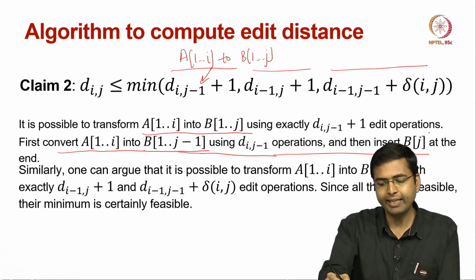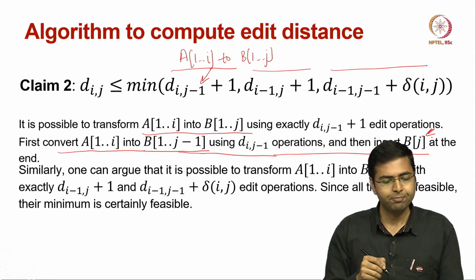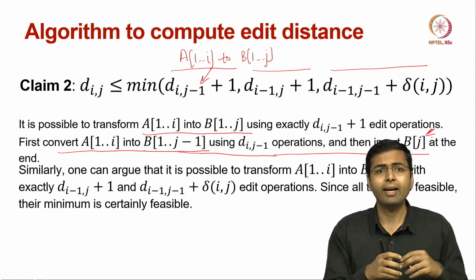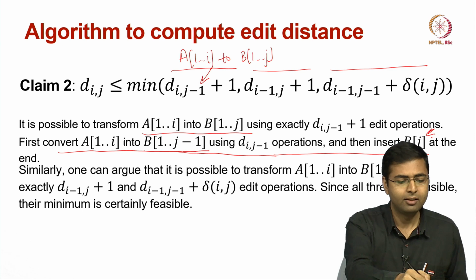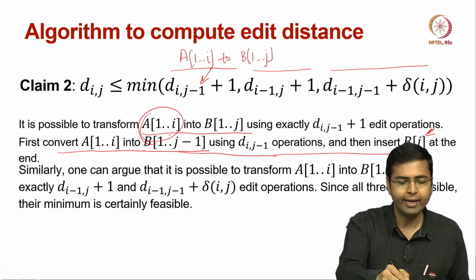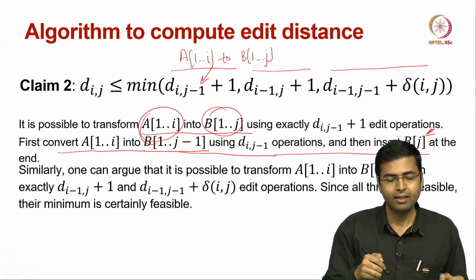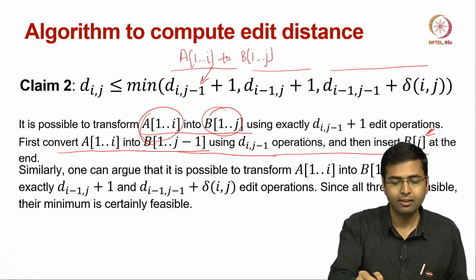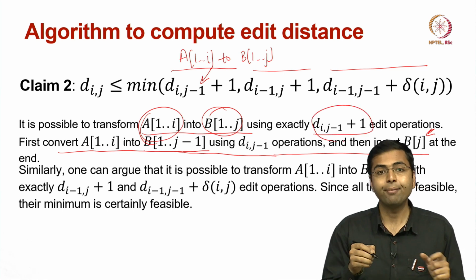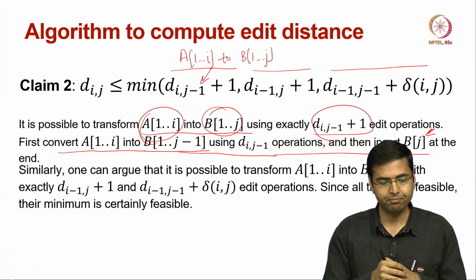You can see that this way I have a way to transform sequence A_1 to i into sequence B_1 to j using exactly D_i,j-1 plus 1 edit operations.